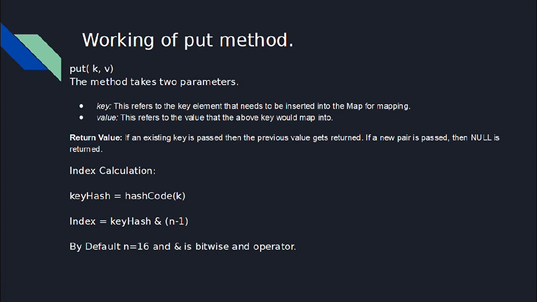Then we apply the bitwise AND operator on our hash code and the maximum index of our hash map, which is n-1. Since the index starts from 0 and the default capacity of a hash map is 16, by default it is 15. This would give us the index on which a particular element should go.